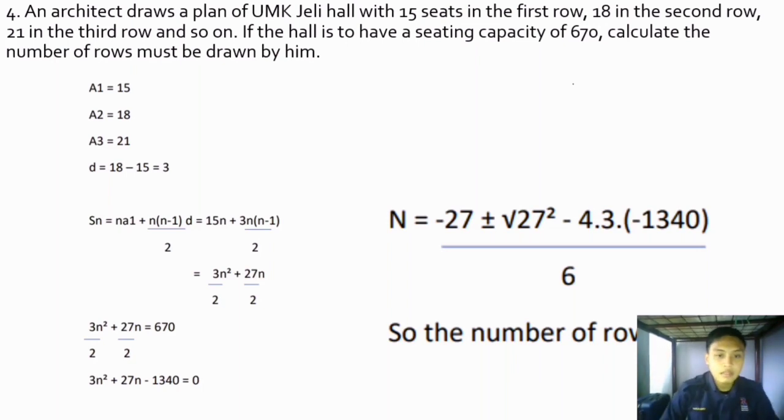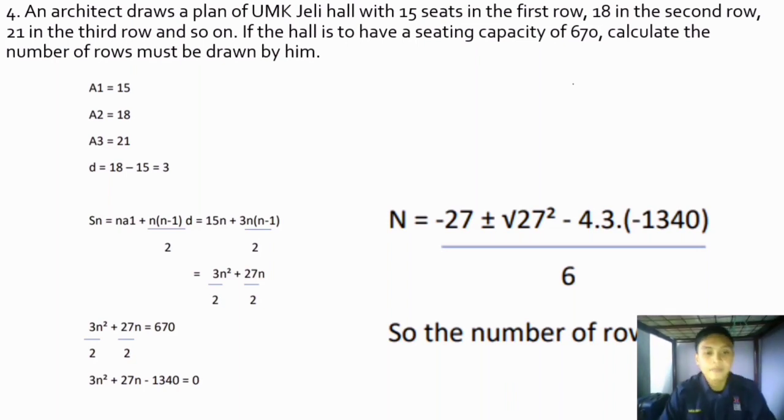We fulfill the formulas according to the question. We got 3n to the power of 2 plus 27n, then divided by 2.